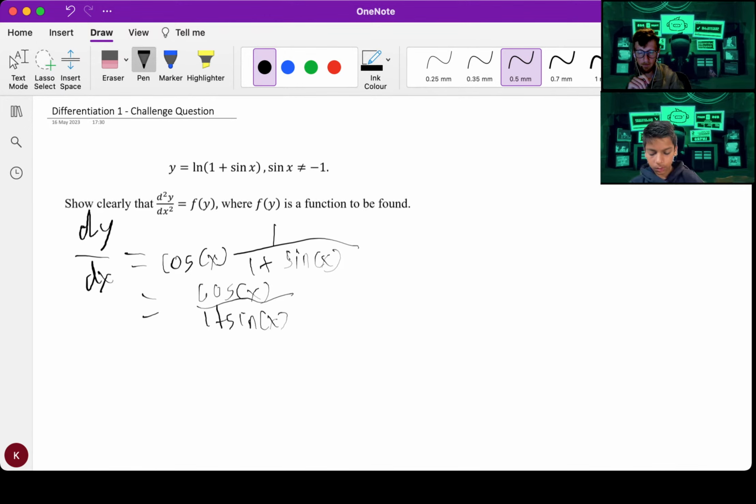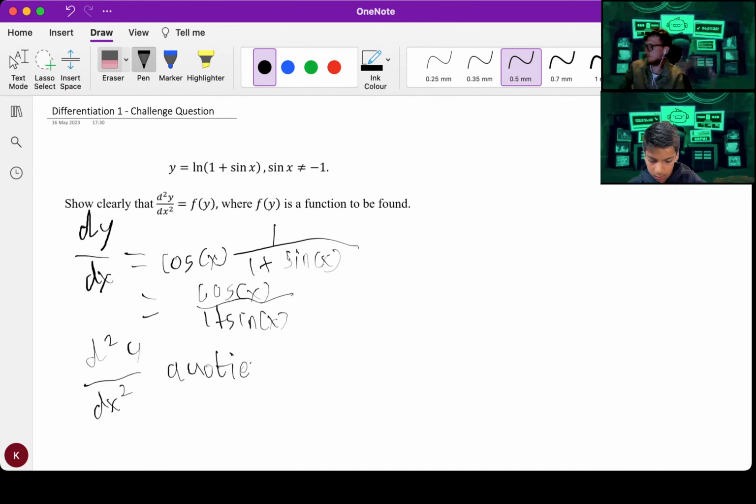Then to find the second derivative, so then we have to use quotient rule. Yes.